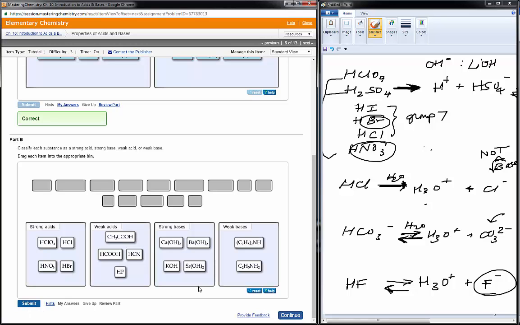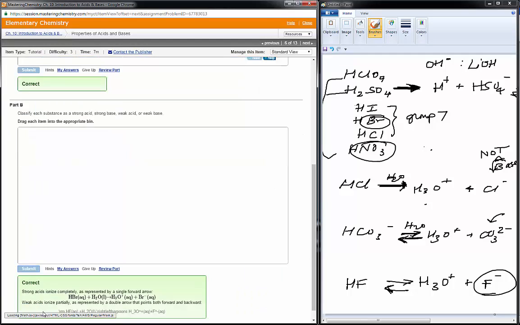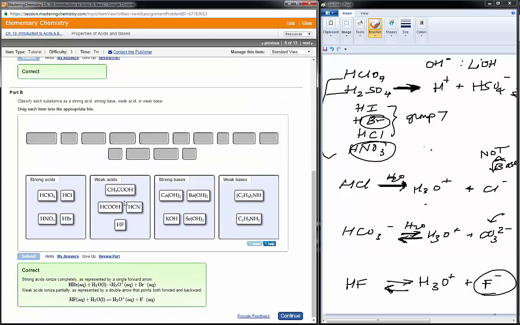So again, you memorize the strong acids. Any acid that's not a strong acid is a weak acid. For strong bases, you're just looking for hydroxide. Otherwise, if you see a nitrogen-containing formula, that could be a weak base.